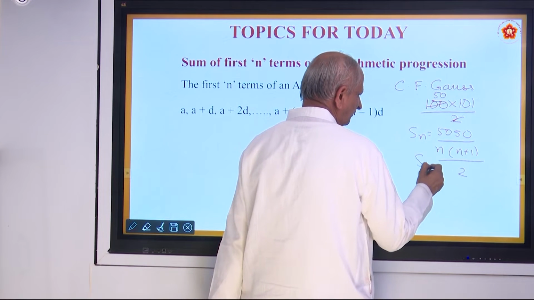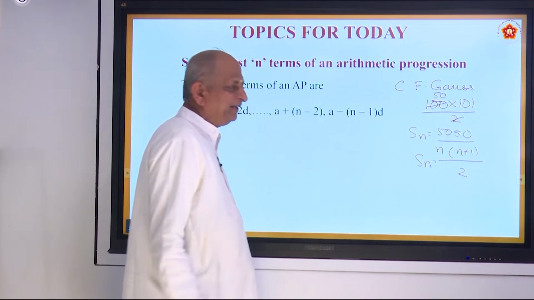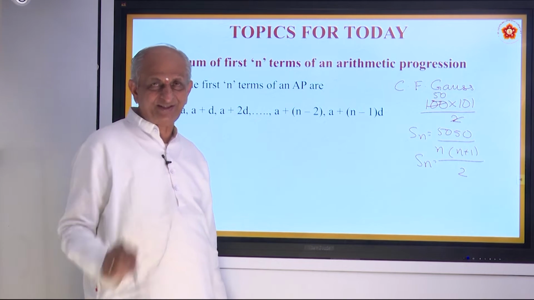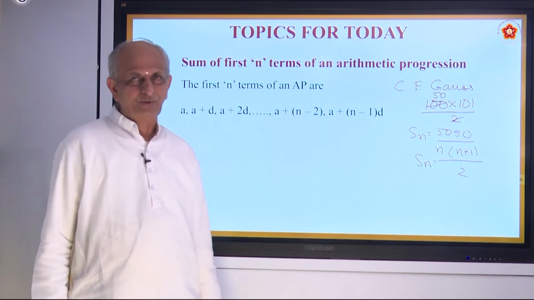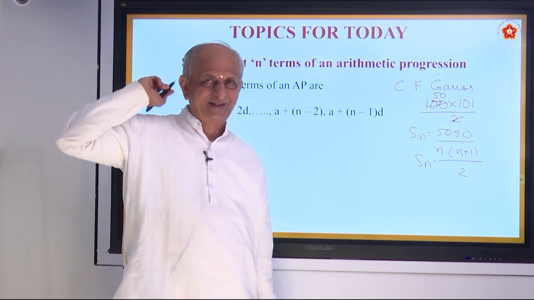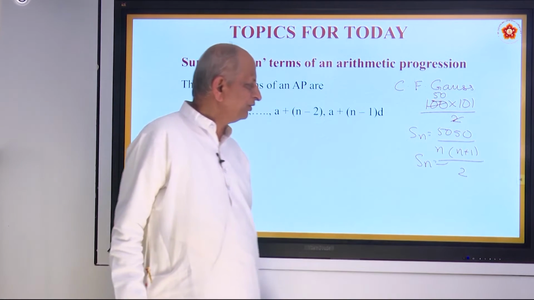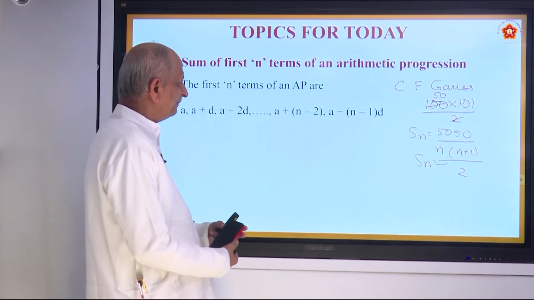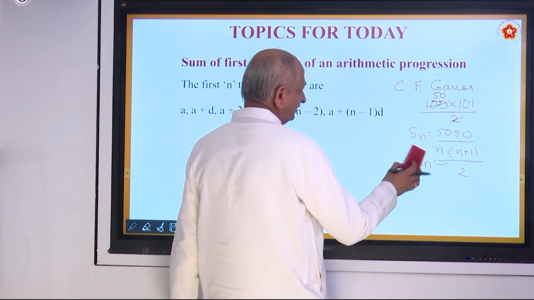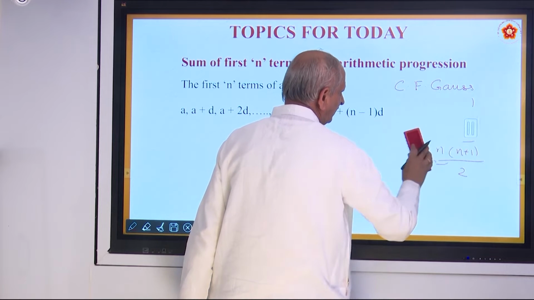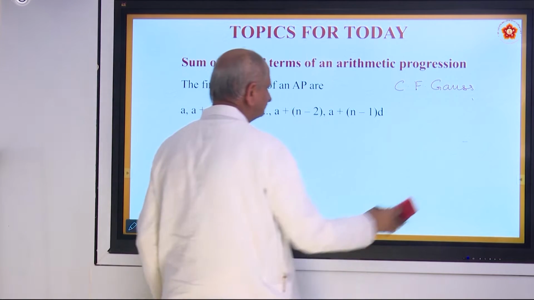For the sum of any numbers, 1 to 1000, 1 to 10,000, 1 to lakh, he can tell within seconds using the formula Sn equal to n into n plus 1 by 2. That gave him the inspiration, and he found out this formula.